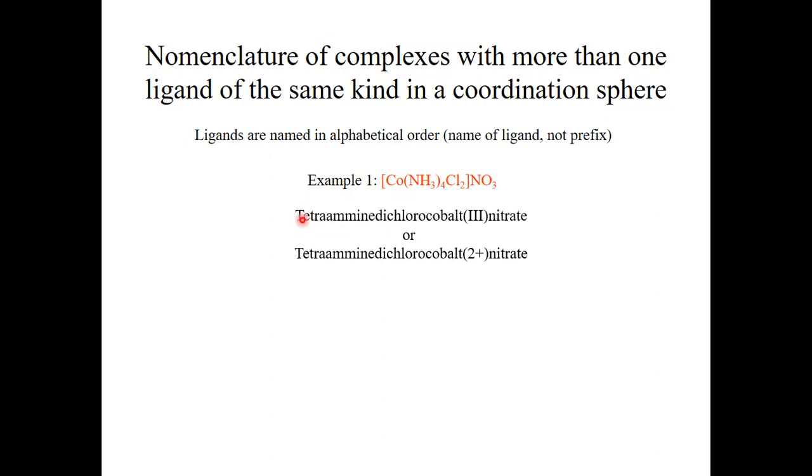So this would be tetraamine dichlorocobalt(III) nitrate, or tetraamine dichlorocobalt 1+ nitrate. Actually, this is a mistake here. That has to be a 1+ and not a 2+, because the nitrate anion has only one negative charge.